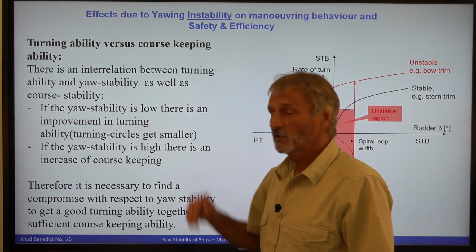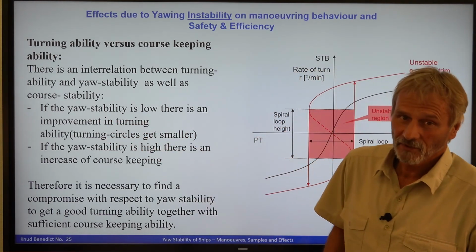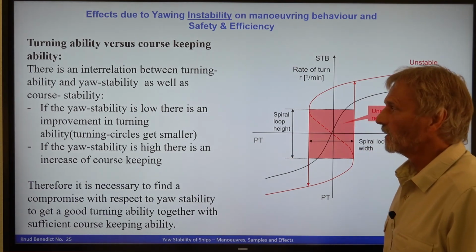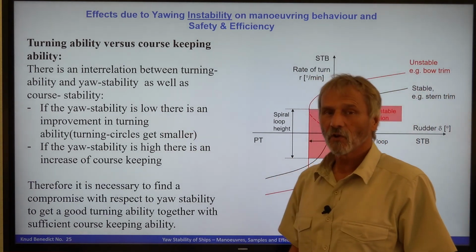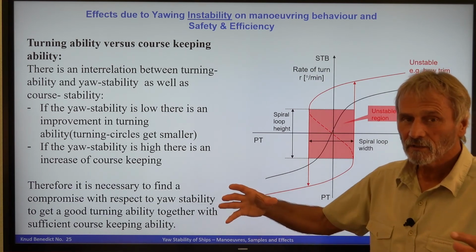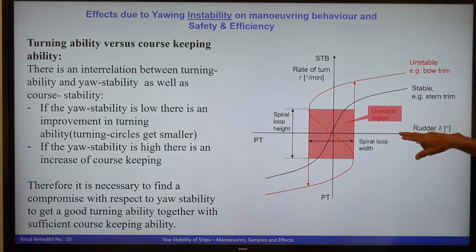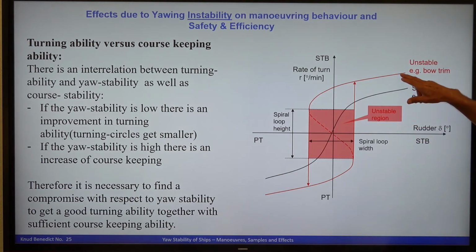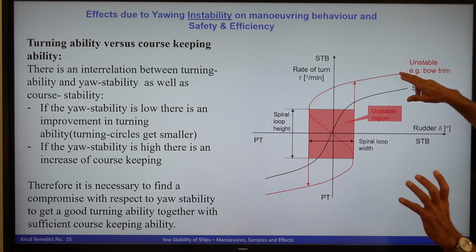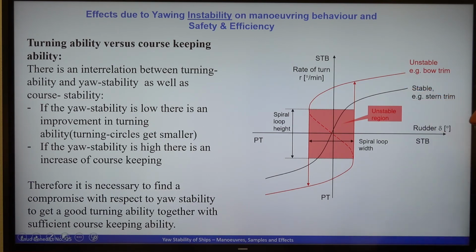If the yaw stability is low, like for a tug for instance, there's an improvement of turning ability. So the turning circles are getting smaller. You see here, for the same rudder, the ship in bow trim, the unstable ship, has a higher rate of turn, so it means a smaller turning circle than the ship in ballast condition.